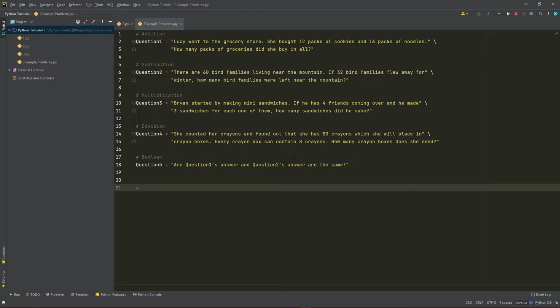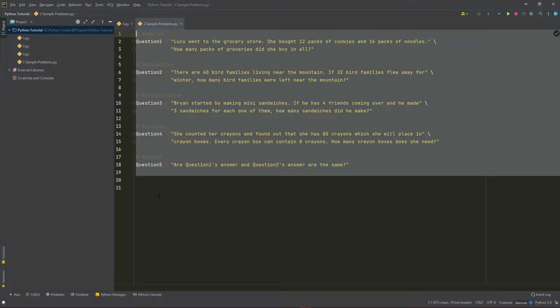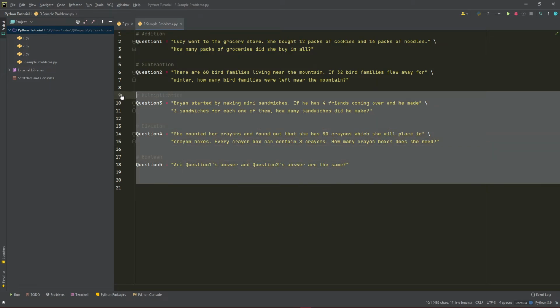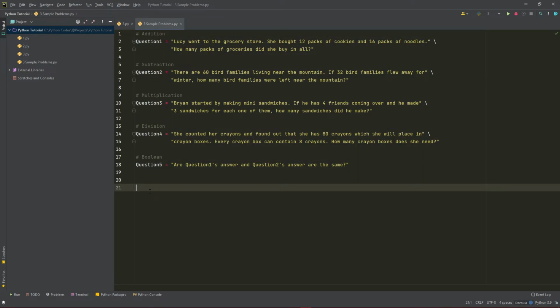I know these are basic, but from this we can already see that this programming language is very powerful, that it can solve multiple problems in one program. So we can create 5 programs out of this already, and share them with anyone who wants to learn programming as well, right? This is very powerful.